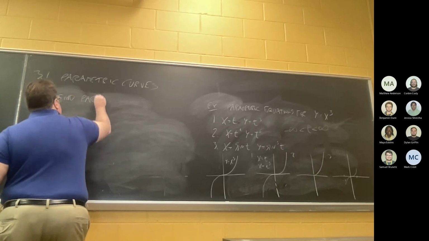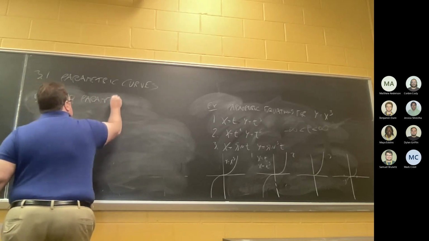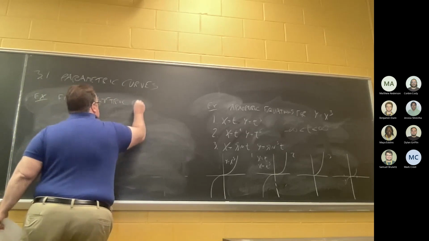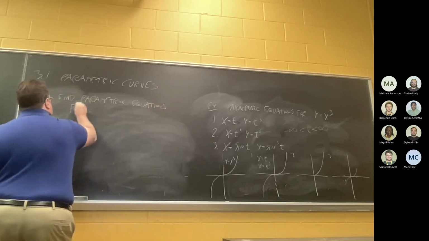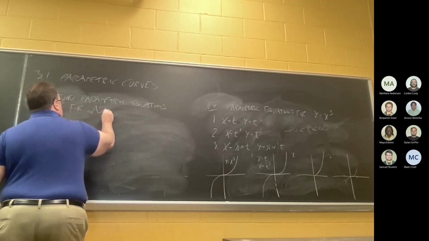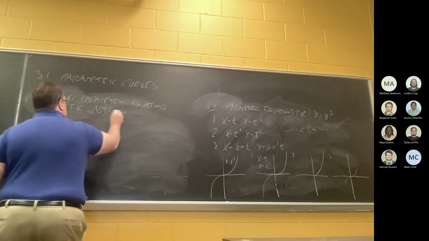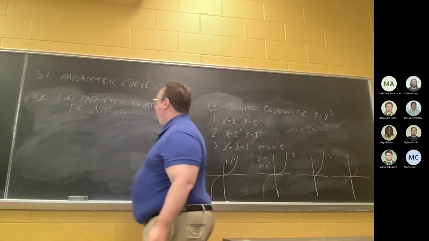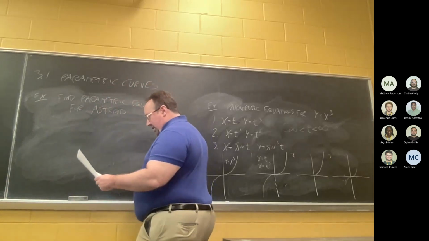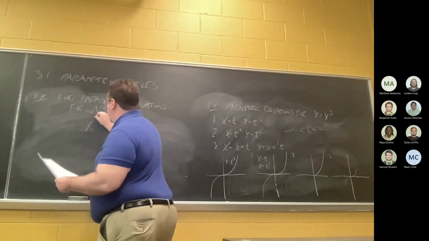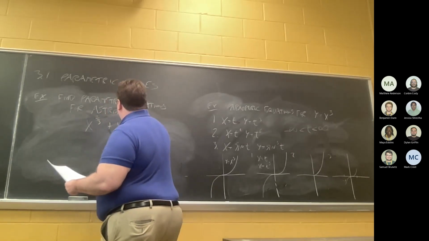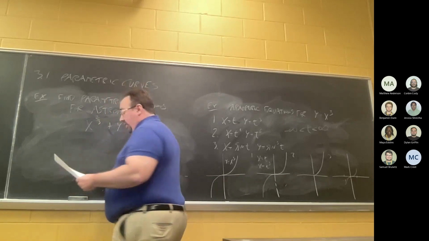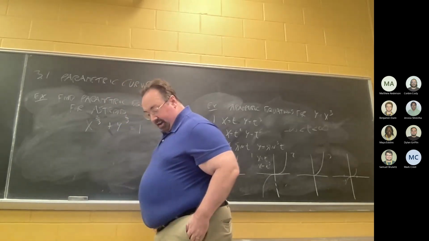Define parametric equations. Our curve is called the asteroid. It's given by this equation, x to the 2/3 plus y to the 2/3 is equal to 1.